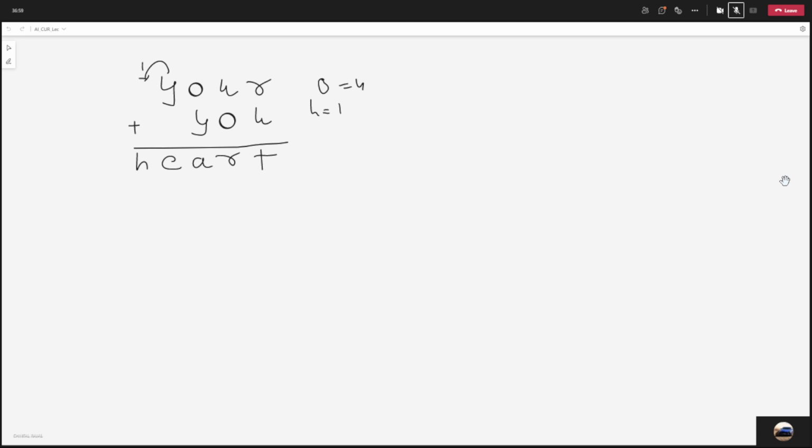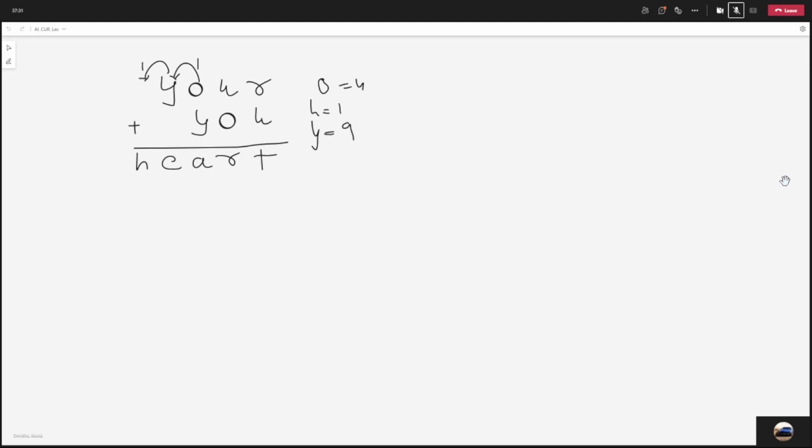Now we don't have anything over here. So what will be the value of y so that we can get carryover generated over here? We can assume that y would be equal to 9, and there would be some carryover from this place to this place, because y alone equal to 9 is not going to work.